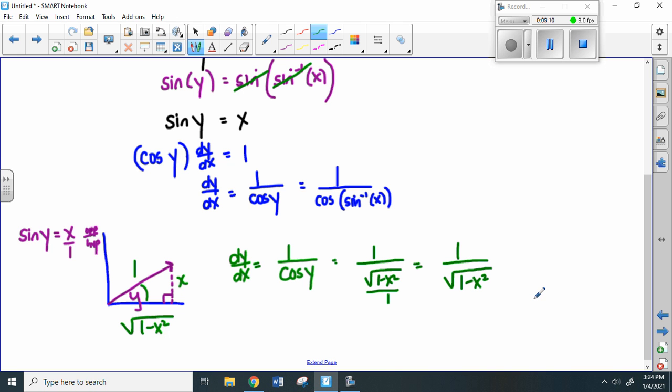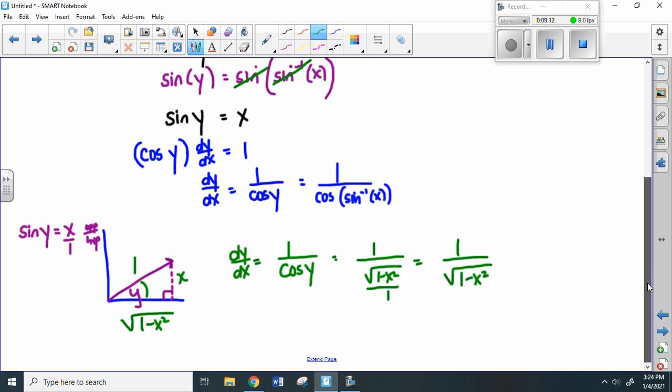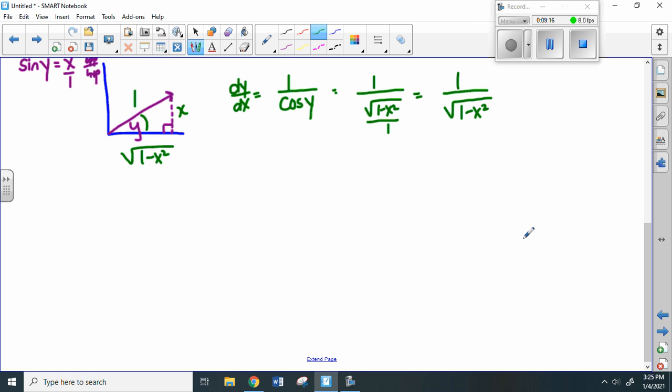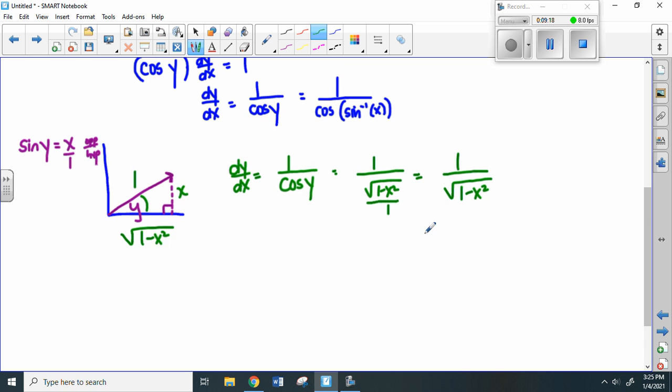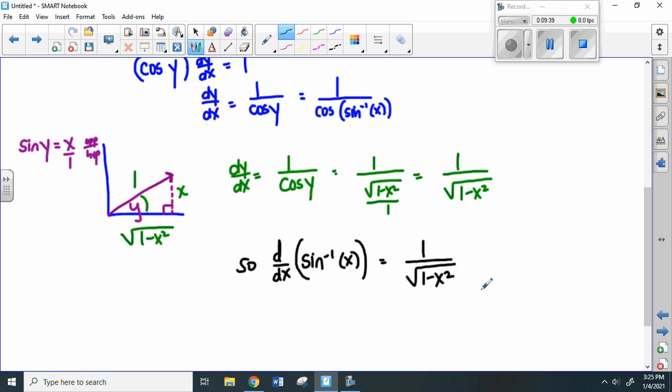So what have we just done? A little bit of epiphany here, to bring it all together. We have just taken the derivative with respect to x of sine inverse of x, and the answer is 1 over the square root of 1 minus x squared.